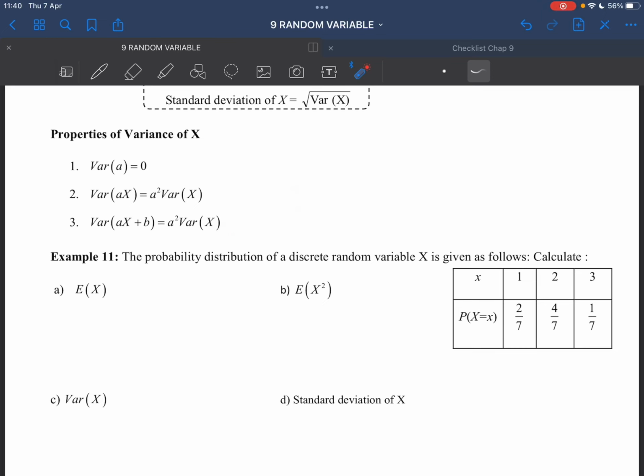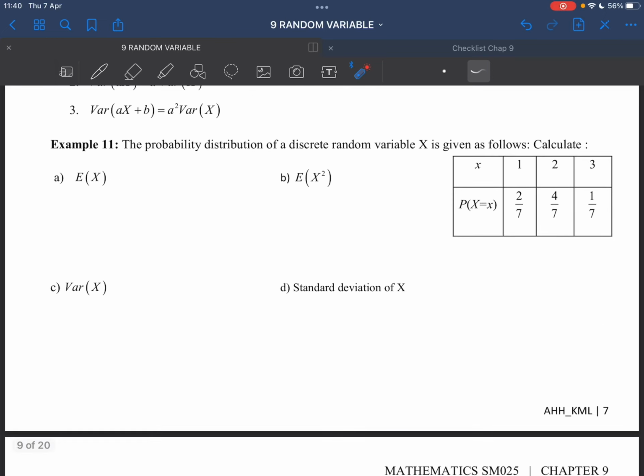Now we are going to look at example 11, the probability distribution of a discrete random variable. As usual, make sure you identify these two things. To find expectation and variance for a discrete random variable, you need to have the probability distribution. If you have a CDF, you have to change it to the probability distribution first.